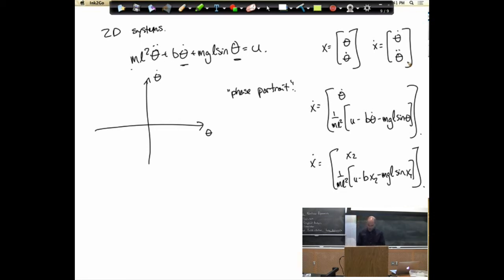So the picture here is now a vector plot, right? For every theta and theta dot, that's the input here, I get a vector out, which is my theta dot, theta double dot, if that makes sense. It's a 2-valued function. Okay, so these phase portraits are now vector diagrams, right? This coordinate is theta double dot, and this coordinate, theta dot, okay?